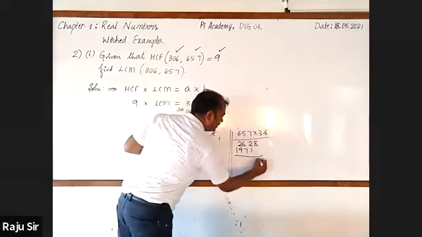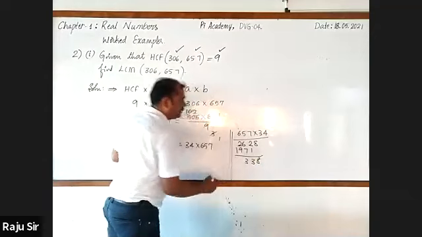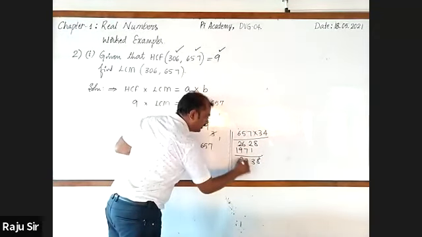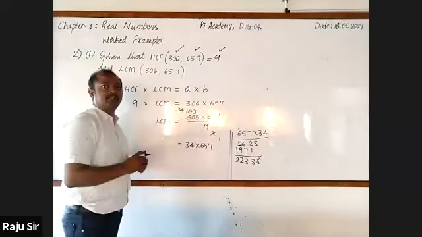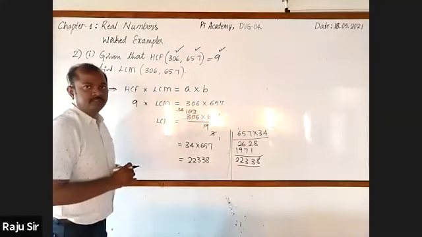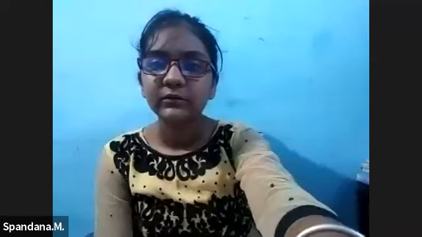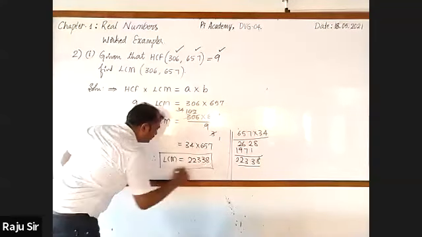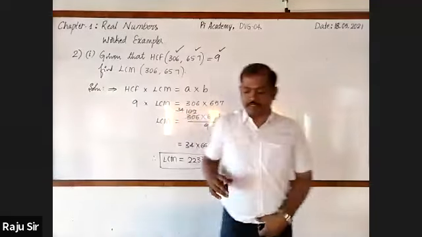Then add: 8, 3, 3, 10, 12, carry 1. 2, 2, 3, 3, 8. Just check that whether you got the same. 22,338. Therefore, LCM is 22,338.